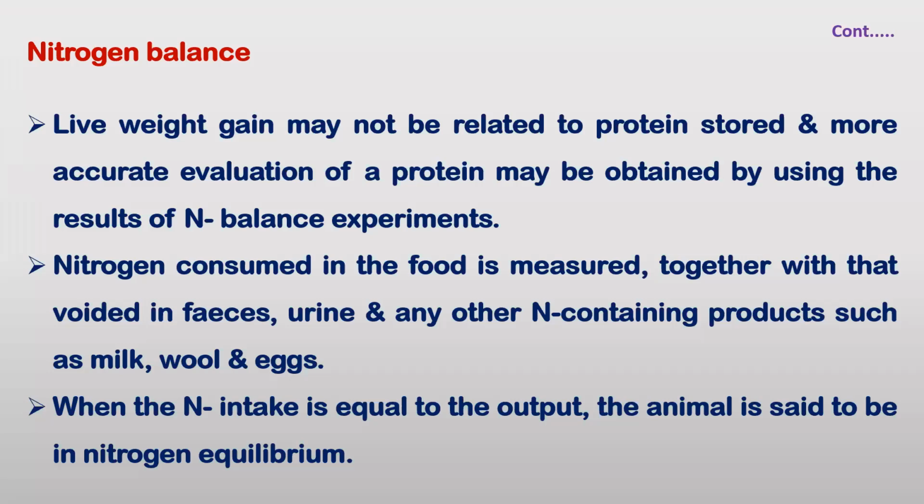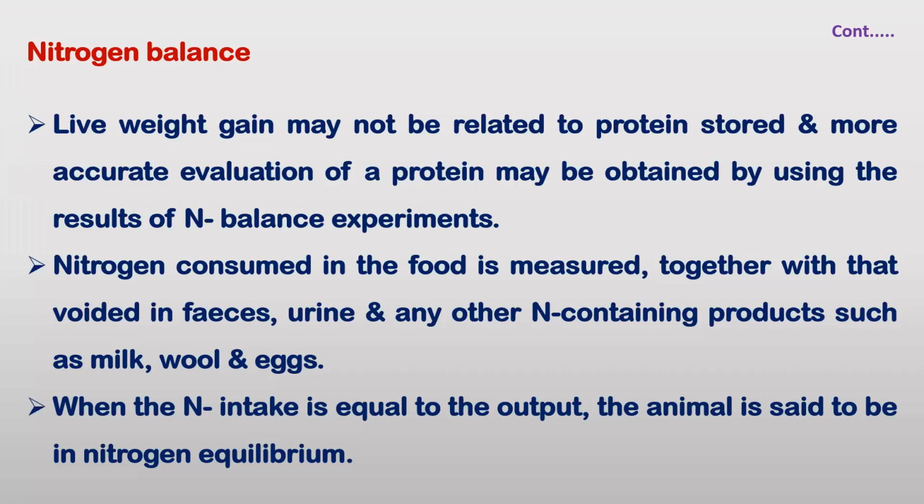And when the nitrogen output is less than the intake of nitrogen, then we can say that the animal is in positive nitrogen balance. And when nitrogen intake is less and more nitrogen is excreted from the body, then the animal is in negative nitrogen balance.